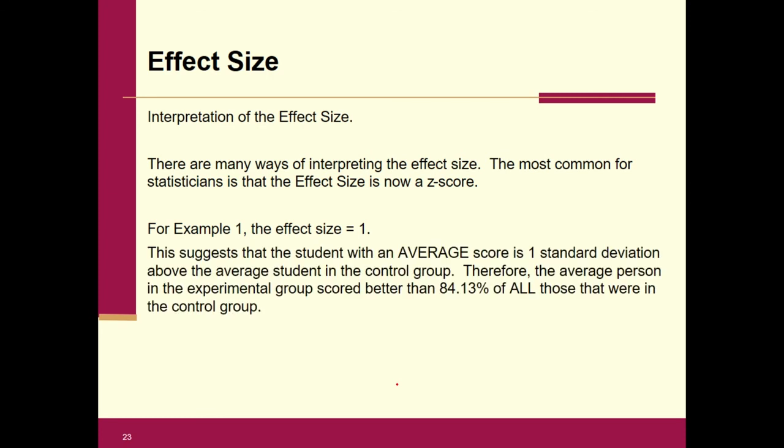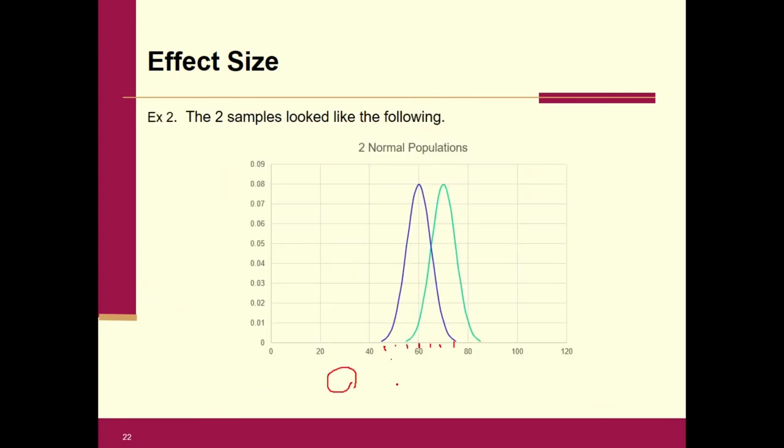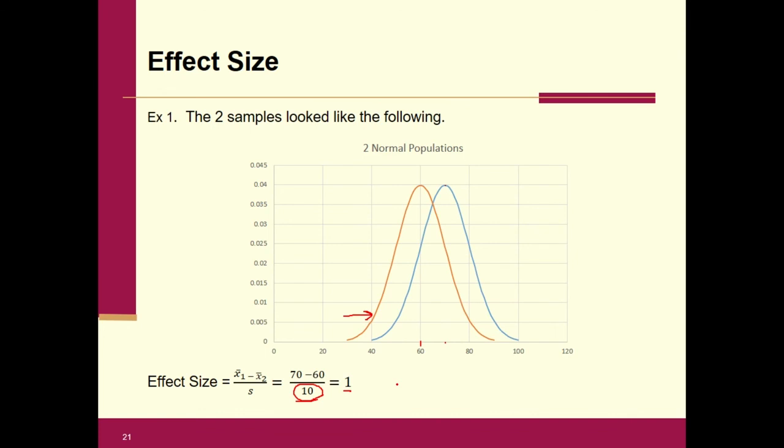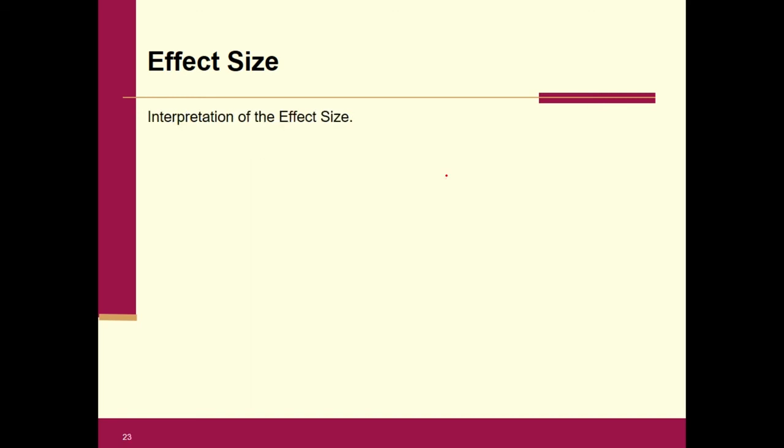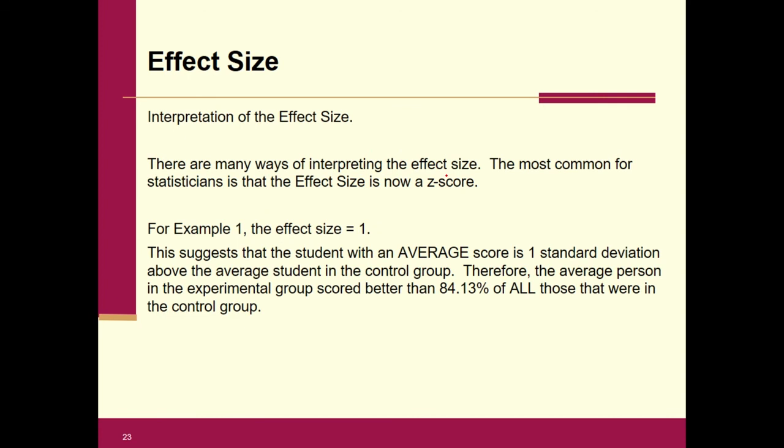What this suggests is that in the group that was a little bit larger, the blue group, a student sitting right here at the blue group average is 1 standard deviation above the average student in the control group.